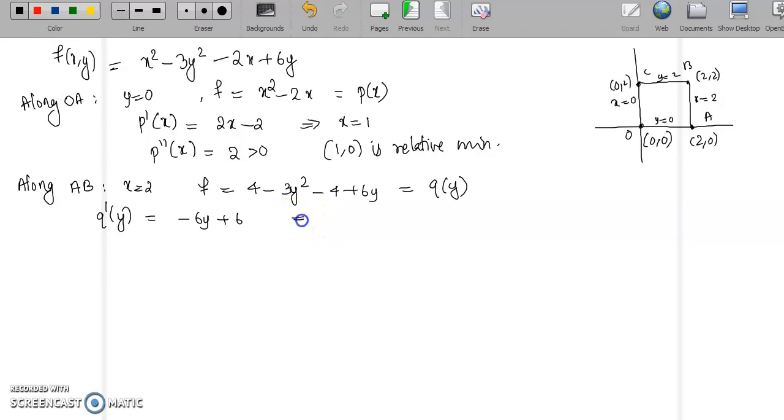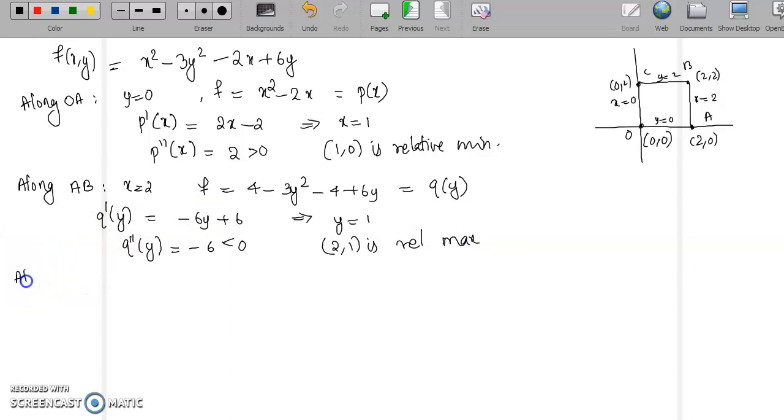So that implies y will be equal to 1. And q double dash of y is minus 6, which is less than 0. So therefore (2, 1) is a relative maximum.